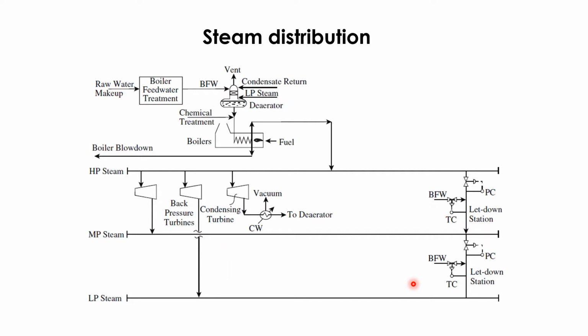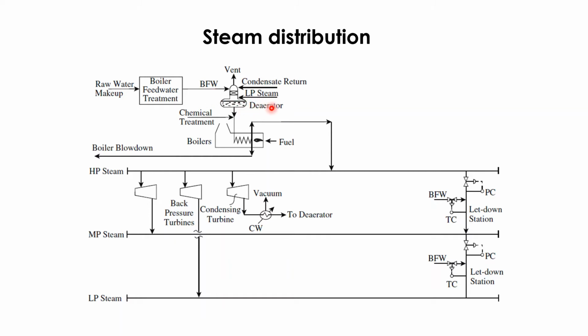this figure shows a schematic of a typical steam distribution system. Here you have raw water that is treated before entering the boiler. Here this is the boiler feed water.